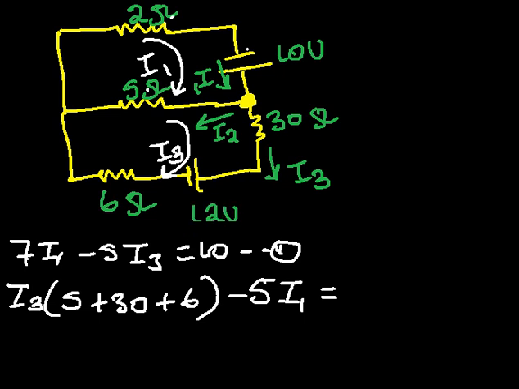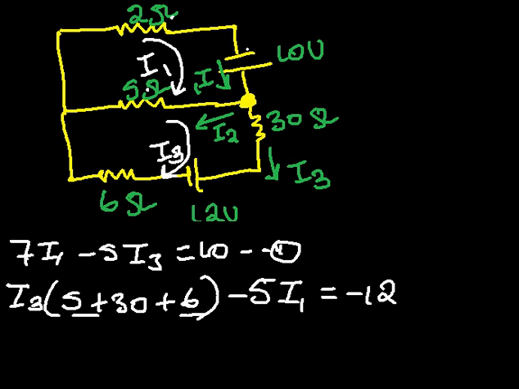Now let's look at the properties of the battery with respect to the direction of the flow of the current. In this case, you see that the current flows from the positive terminal to the negative terminal. That is the voltage drop, so we'll have it as negative 12. Ignore the units of the volts there.